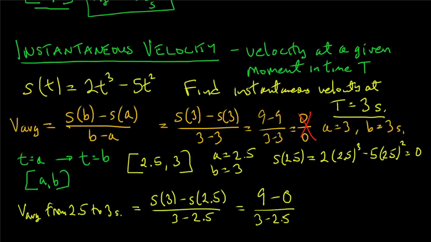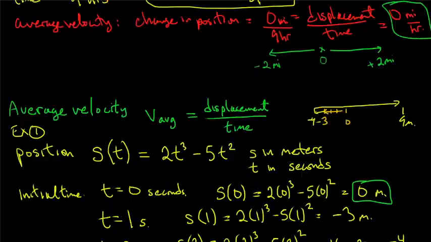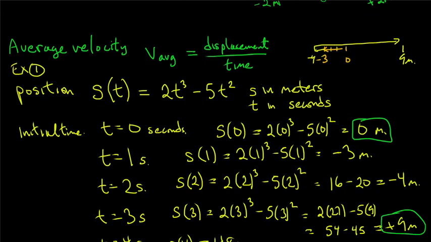If you were wondering, at time t equals 0, we're at 0. At t equals 1, we're at -3, so we're going backwards. At 2 seconds, we're at -4. And at 3 seconds, we jump all the way back to 9. So somewhere between 2 and 3 seconds, we have to pass back through 0 again, and as it turns out, it was exactly halfway between, 2.5 seconds.